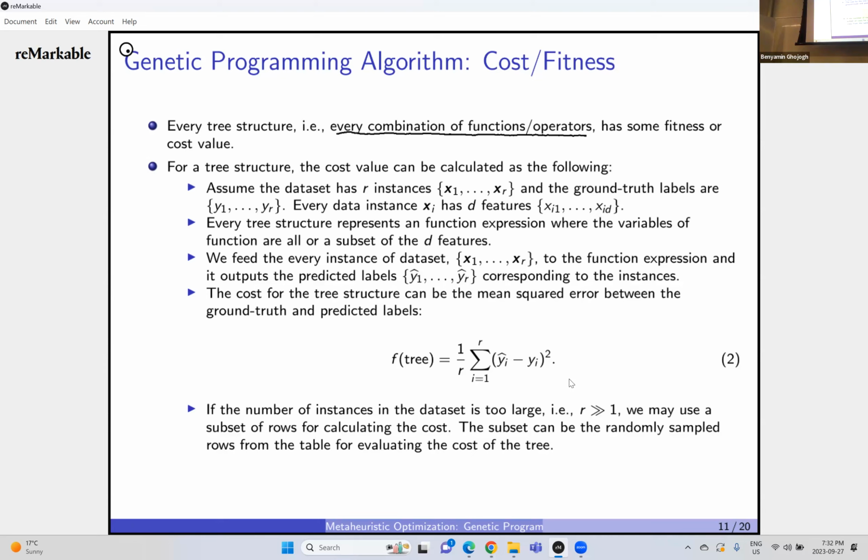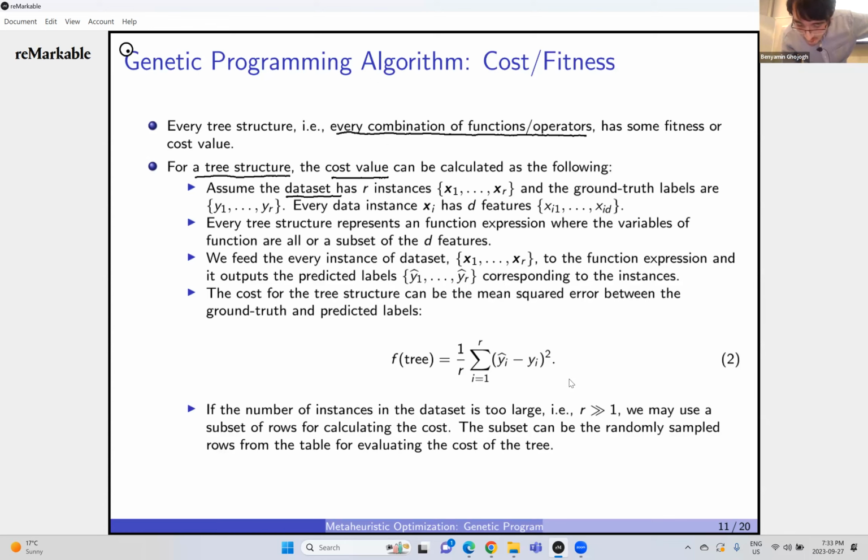I can feed any of these to my function to get the predicted output, then compare it with the actual label in the data set. In this slide, I'm explaining how to calculate the cost or fitness for every tree.